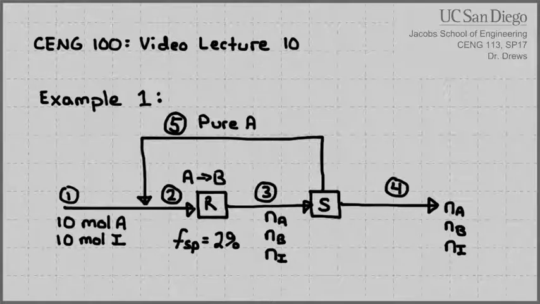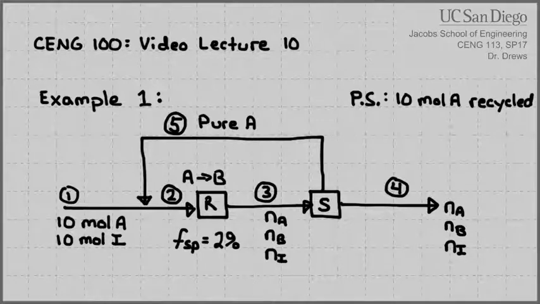Right, so there's no B and no inert, and that's as a result of our separator. Our separator can do anything that we want. In the problem statement we were told that pure A is coming out. One additional process specification that we're going to have is that 10 moles of A are recycled for every 1 mole of A in the fresh feed.